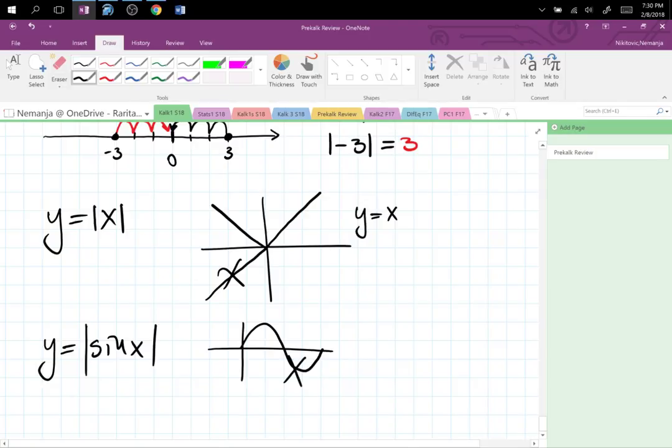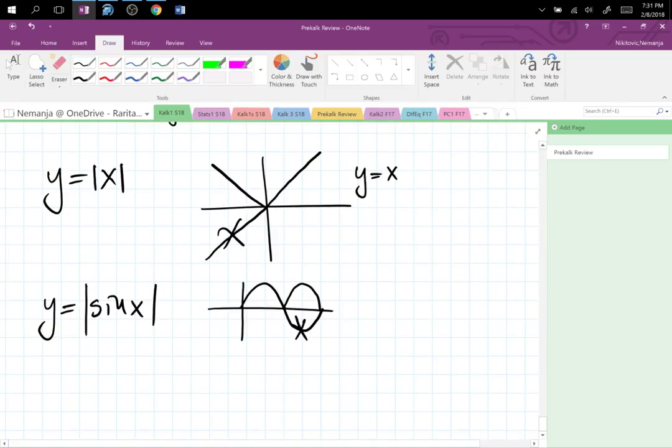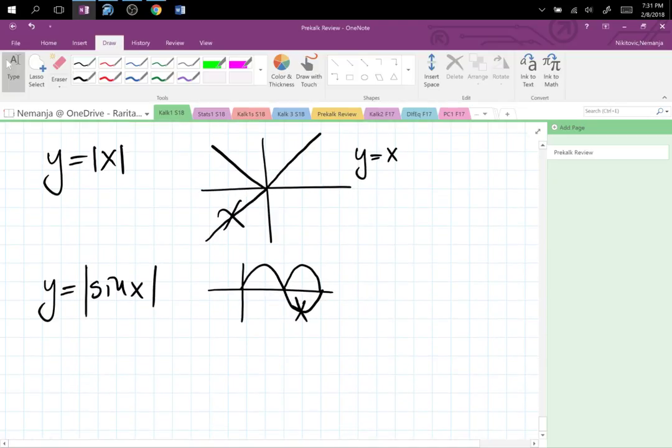Yes, thank you. You are not allowed to have the bottom piece going out under the x-axis. Nothing under the x-axis as you are working with these graphs. Y equals absolute value of x cubed.